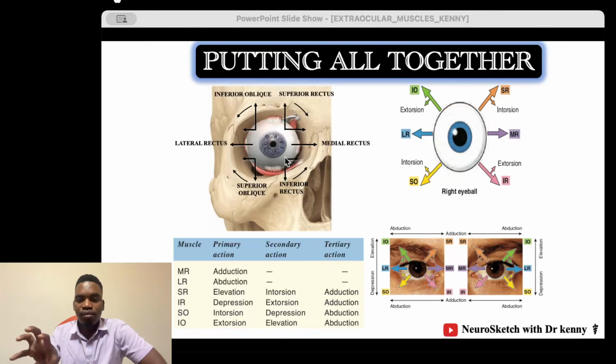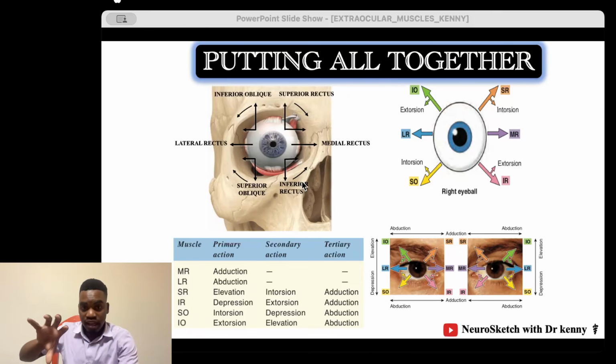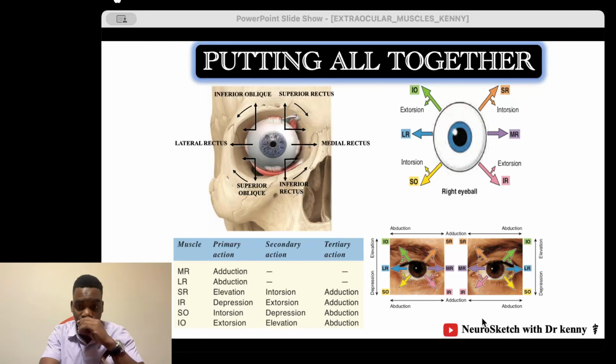What about the inferior oblique muscle? The inferior oblique muscle will extort, so will laterally rotate, elevate, and abduct. You can use any of the pictures that you find useful.